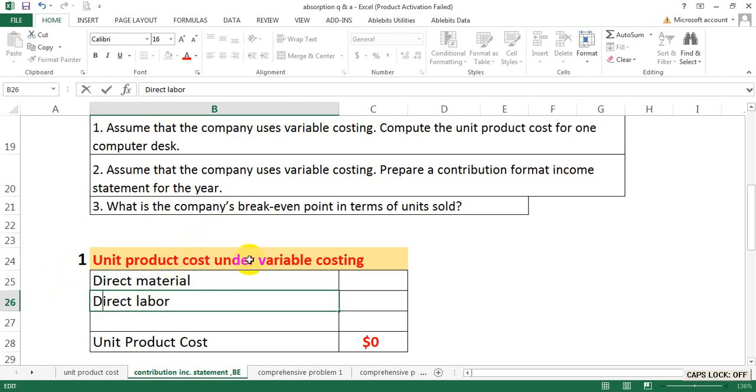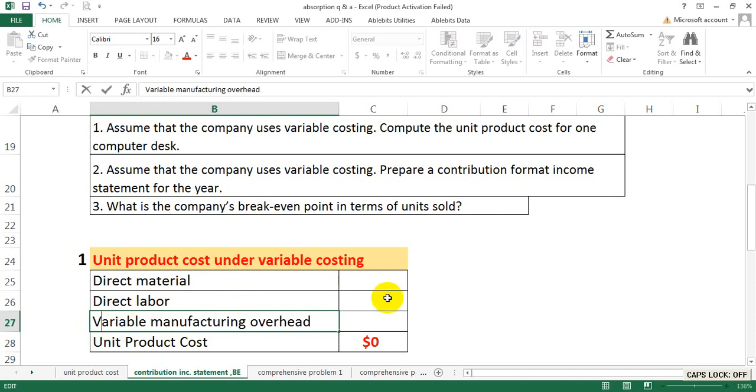Fixed or variable? If we are talking about variable unit product cost, we will take only the variable portion of manufacturing overhead. Variable manufacturing overhead, right?